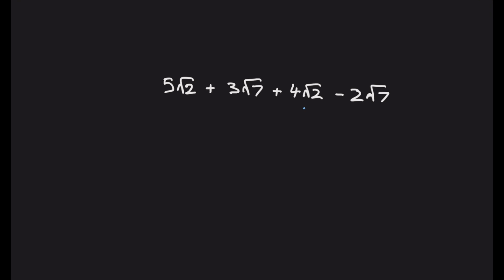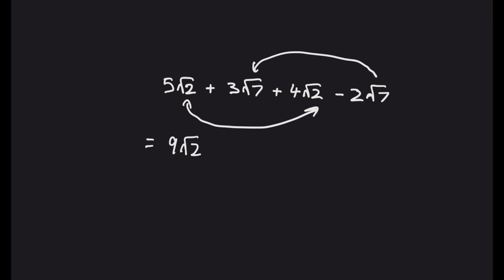So if you have root 2, you can add the ones that have the same square root together. So 9 root 2, because of these two, and the root 7s are the same, so you can add those together. 3 minus 2 is 1 root 7.